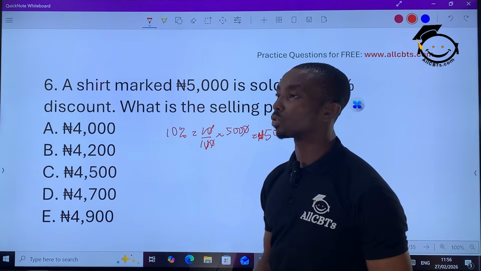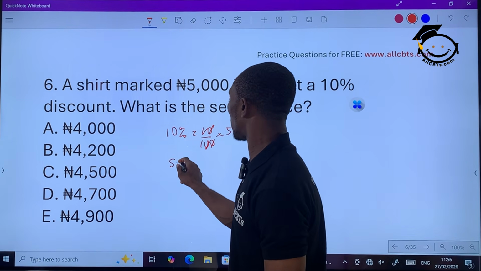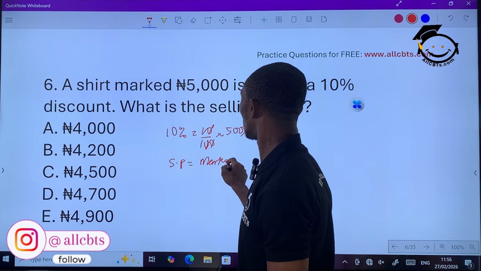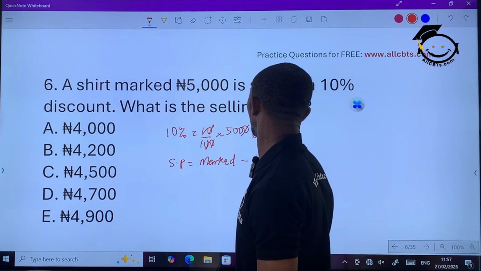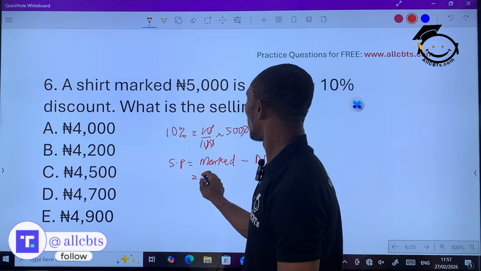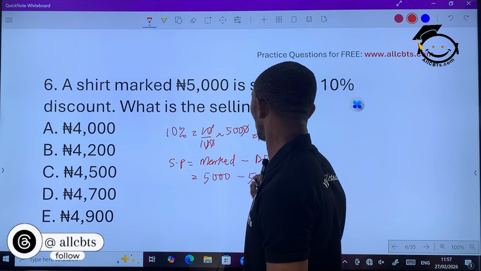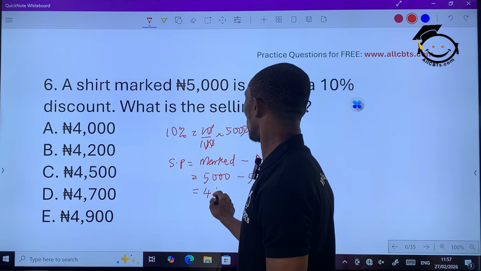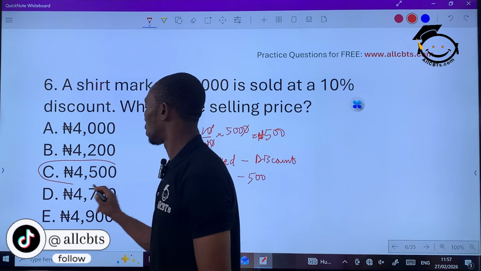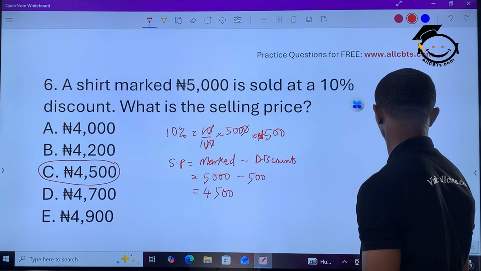So the discount given is 500. So our new selling price will be marked price minus discount, which will be 5,000 minus 500, which gives us 4,500. So 4,500 is the new selling price.